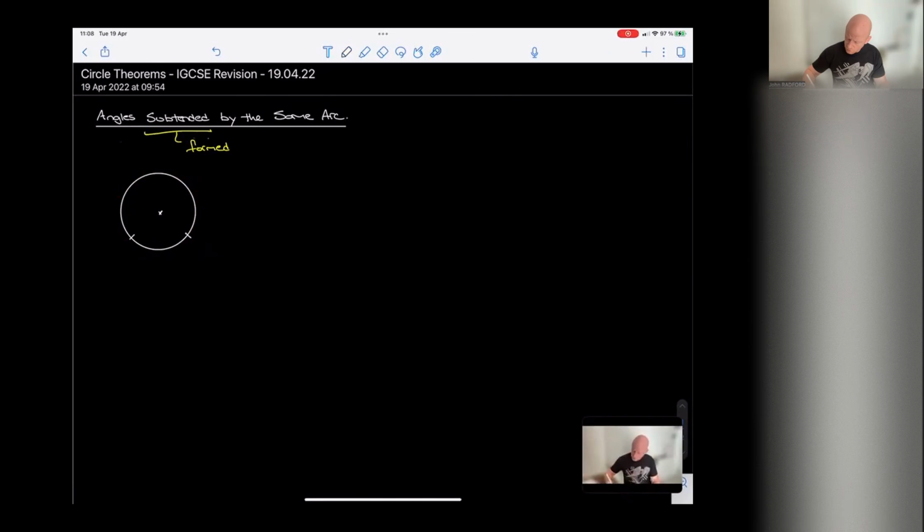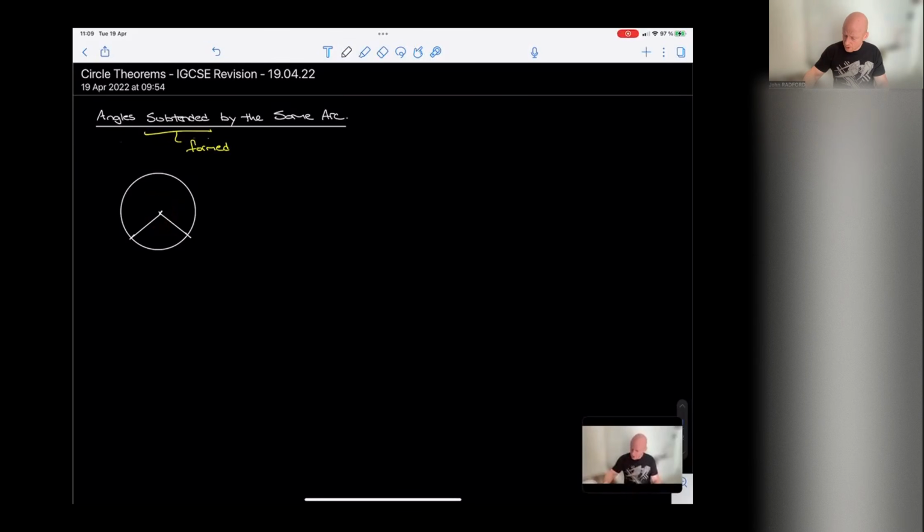Now, if I join those 2 points to the center of the circle, yeah, let's try like that. That's not too bad. And like that. Then doing this actually creates what we call 2 angles at the center. One of them is right here, and another one is right here. Okay. Now we say that each of those 2 angles is subtended by an arc.